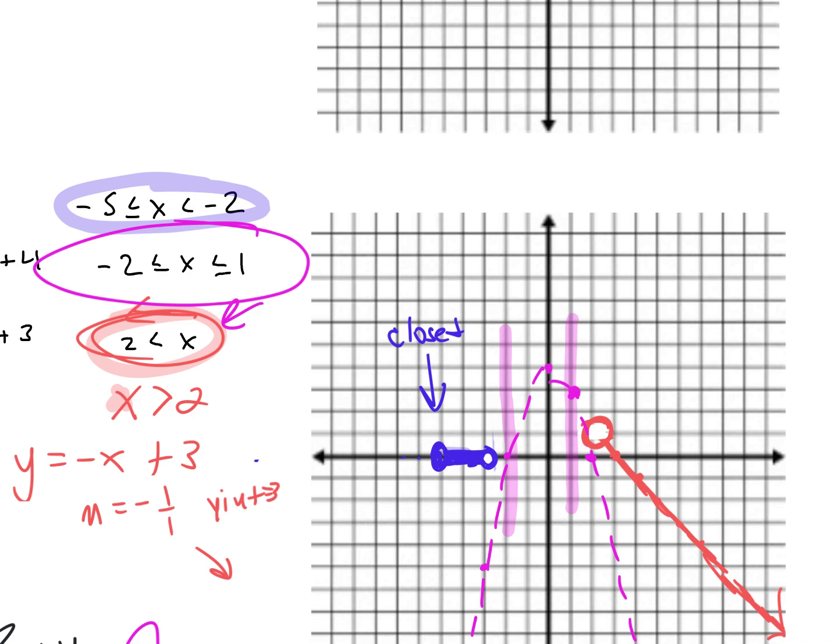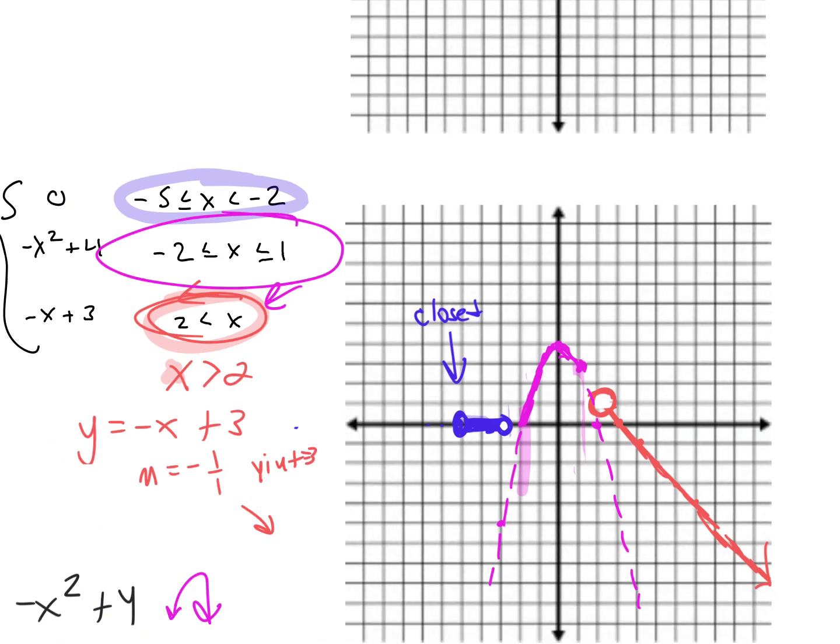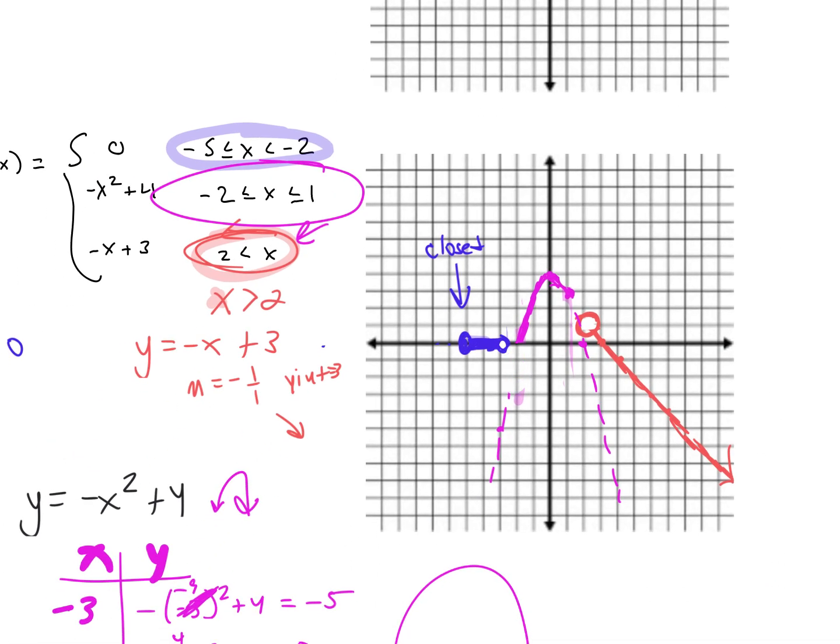So I want everything where? In between those two lines or on the outside? In between. So I'm going to keep the stuff in the middle here and erase everything else. And the last thing you need to check is what kind of dots you need at the ends. What kind of dot at both ends? Both of them are closed.